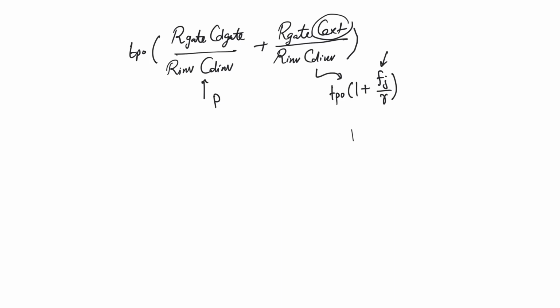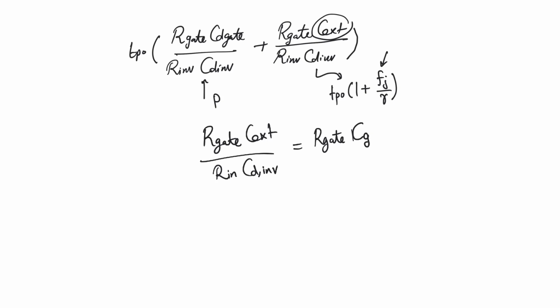In fact, when we take this term and expand it, we have R gate times C external over R inverter times C D inverter. Now we have two problems here. First, C external is the gate capacitance of the upcoming gate, so it's C gate J plus 1. At the bottom, we have a C drain for the inverter.